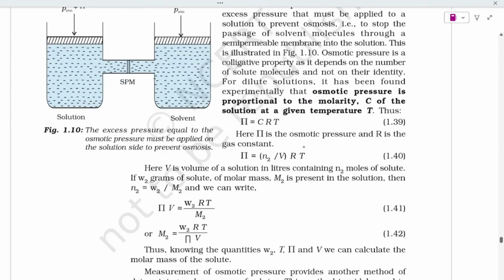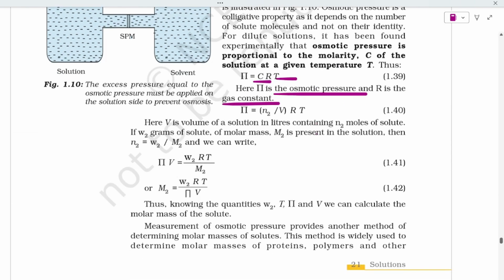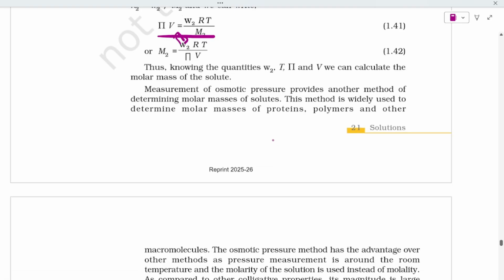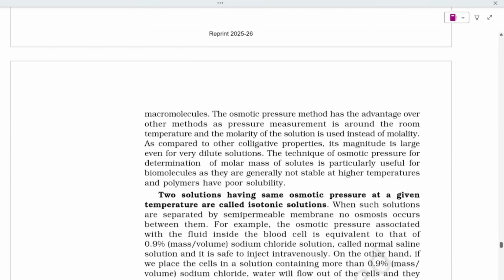Pi is equal to CRT, where pi is the osmotic pressure, R is the universal gas constant, T is the temperature, and C is the concentration of the solution. Replacing C by n2 divided by V, we get pi V equals W2 RT divided by M2, and M2 can be rearranged to the other side. This is how osmotic pressure is measured.